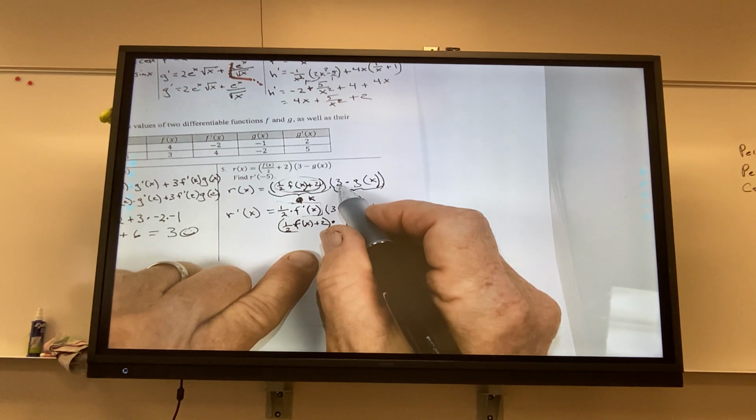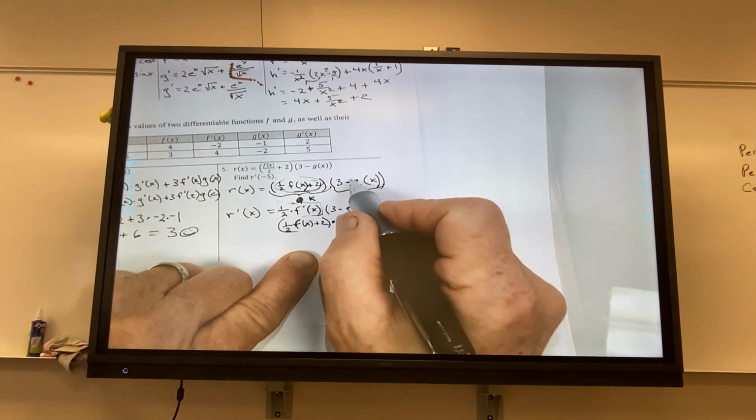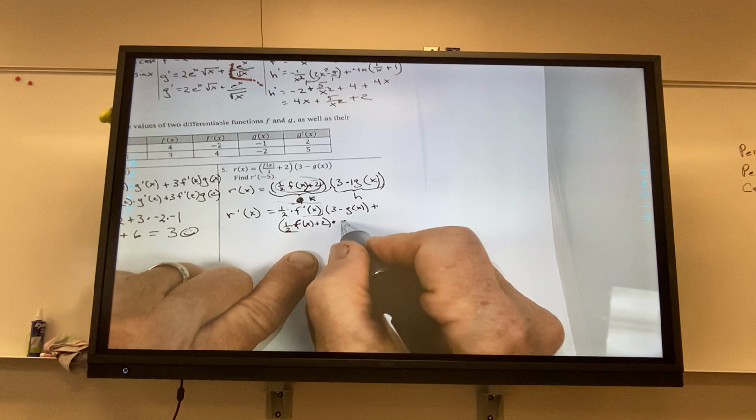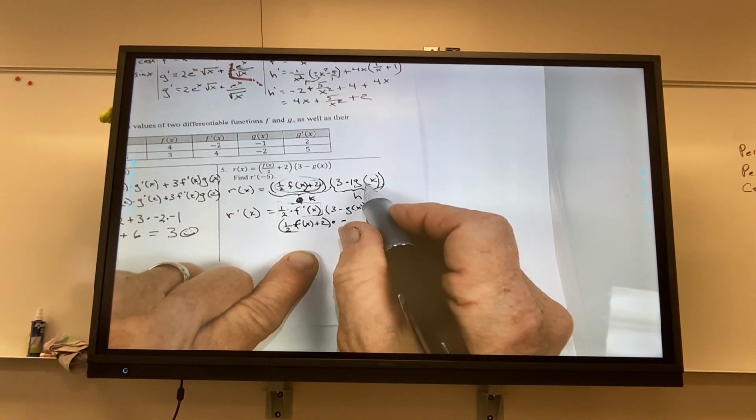Well, what's the derivative of 3? 0, correct? So it's gone. This is like a -1, right? So that sticks around. Minus, what's the derivative of g? What do we call it? G prime.